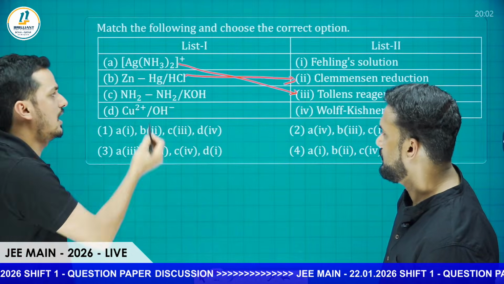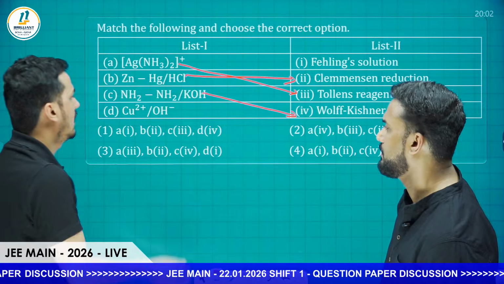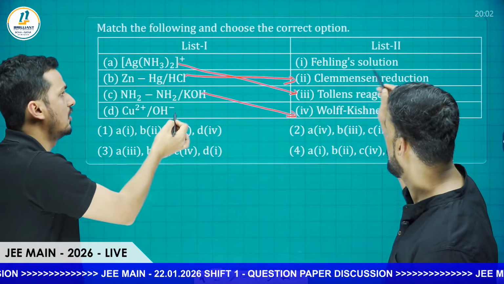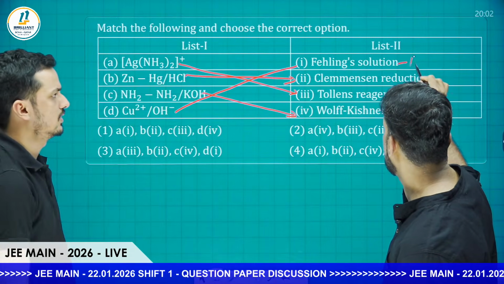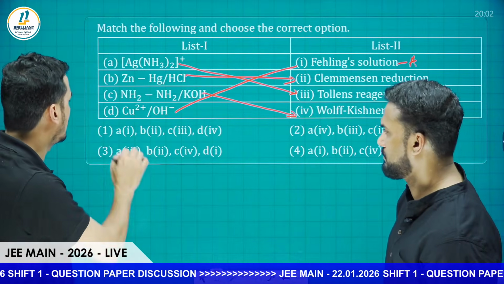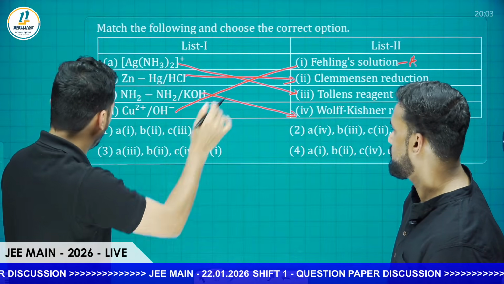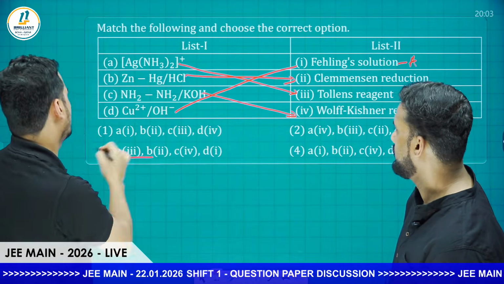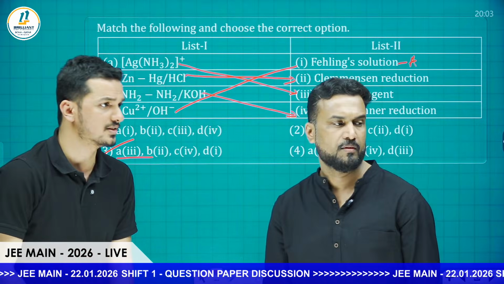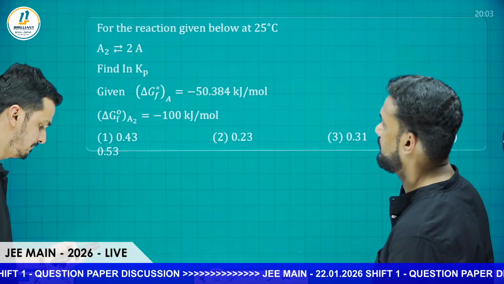Hydrazine and KOH, ethylene glycol will be Wolff-Kishner reduction. And Cu2+ with OH- means Fehling's solution, alkaline copper sulfate solution. So here you can see that A is connected with 3, B with 2, only one option. Is it okay? That's fine. So we can go with the next one.